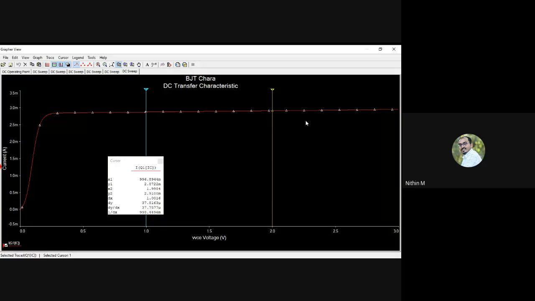I know that output resistance is the inverse of the slope. dy by dx is 37.75 micro. If I take the inverse of 37.75 micro, you get the resistance, which comes to around 26.4 kilo.